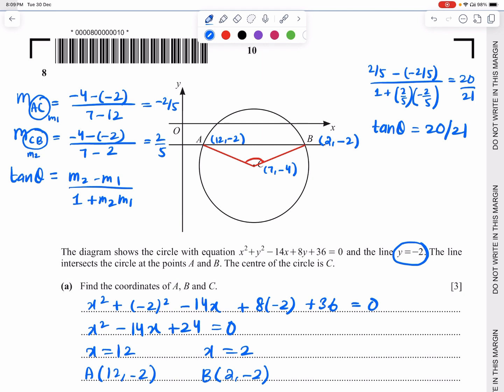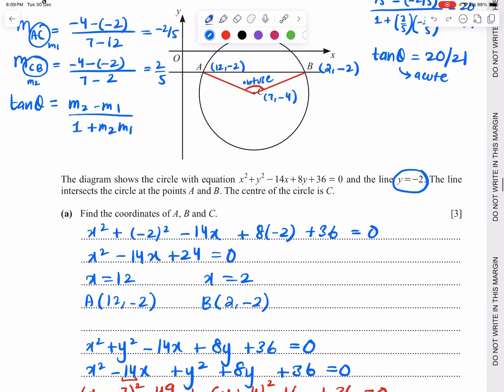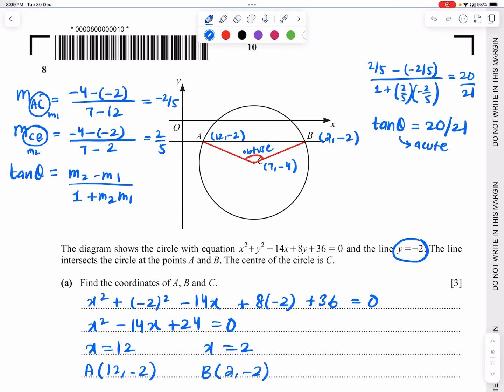You need to understand one thing, that this theta over here is going to give you the acute angle. But what you need is an obtuse angle. So you'll have to subtract whatever answer this gives you from 180. So that will be, because this is in radians, we'll subtract it from pi because pi is equal to 180.